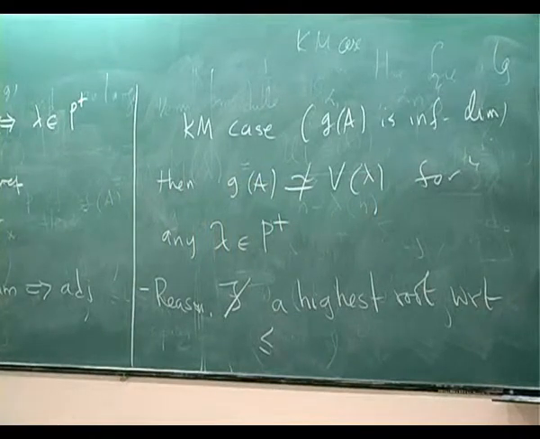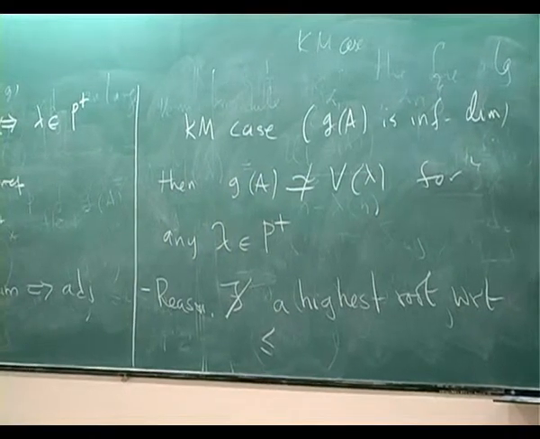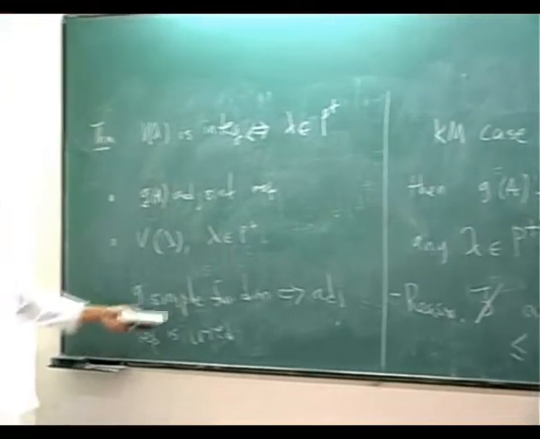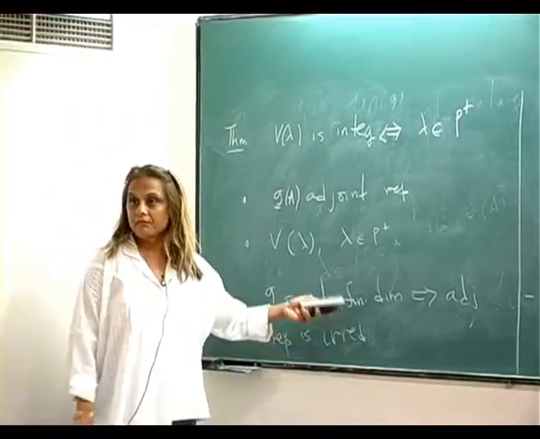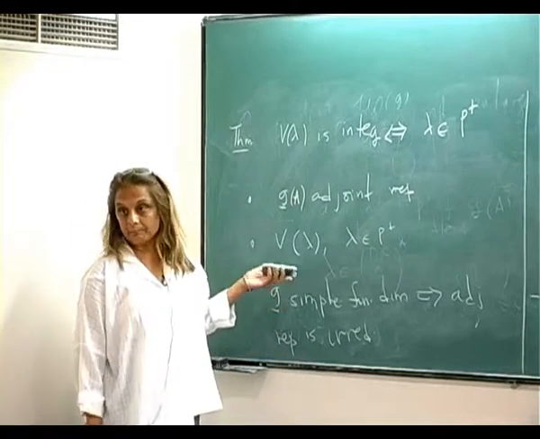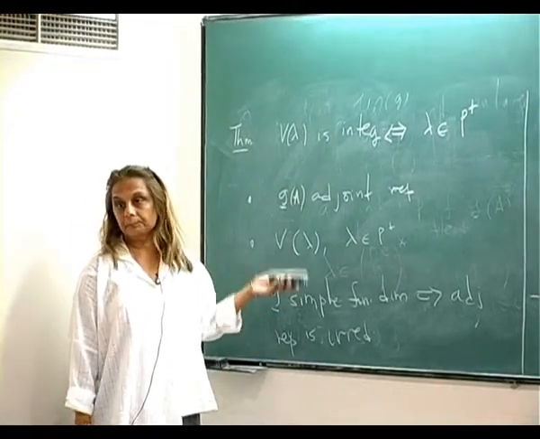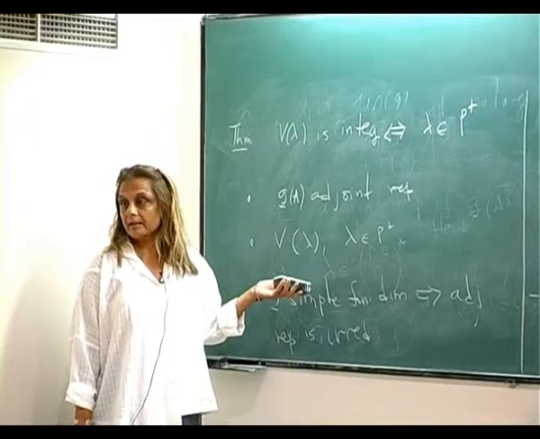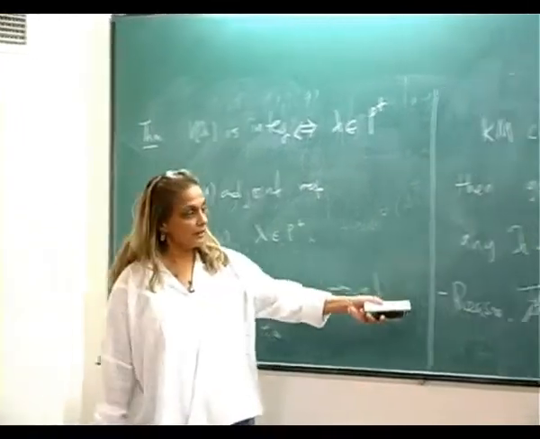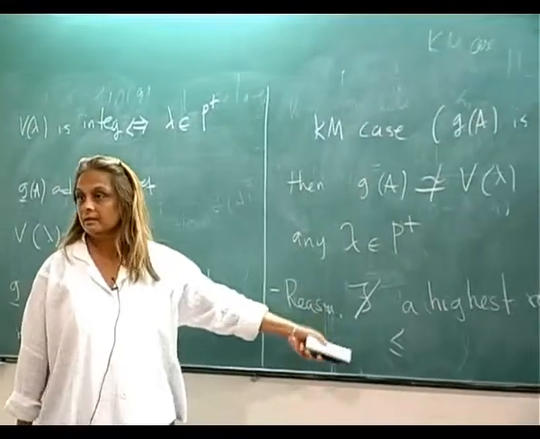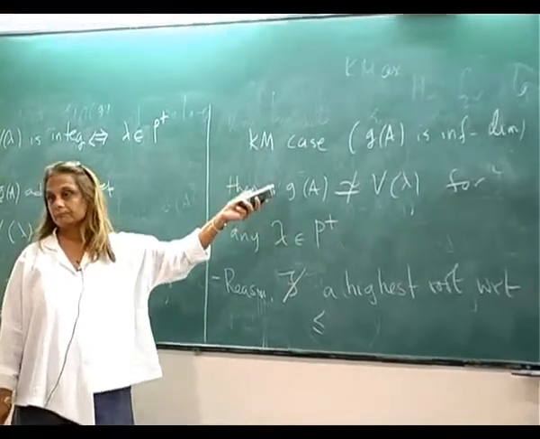So the question you should ask over here is, if g is simple and finite dimensional, the adjoint representation is irreducible, correct? If it's irreducible, it must be a V lambda. What lambda must it be? It's exactly lambda equal to theta, right? And what I'm saying over here is, because you don't have a theta, this is not going to be a V lambda.